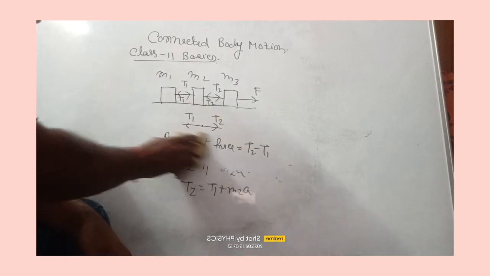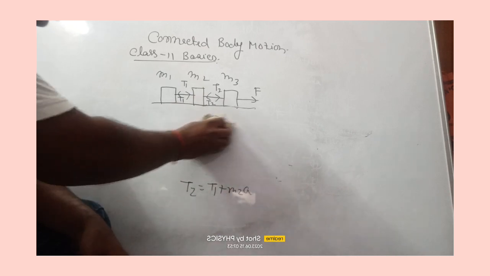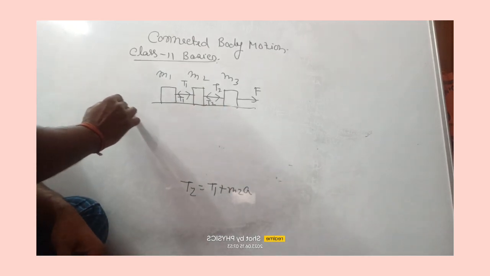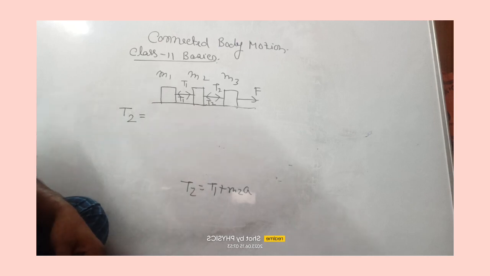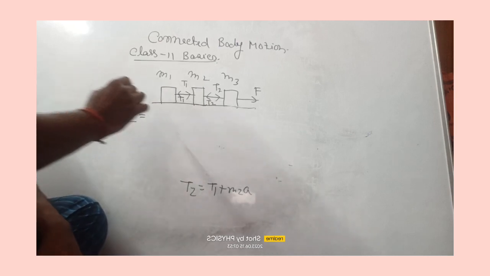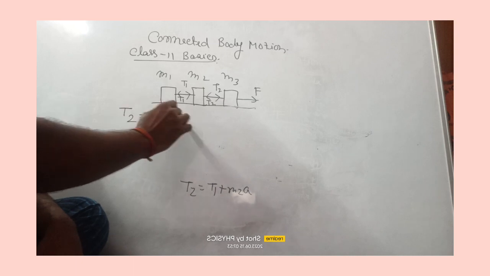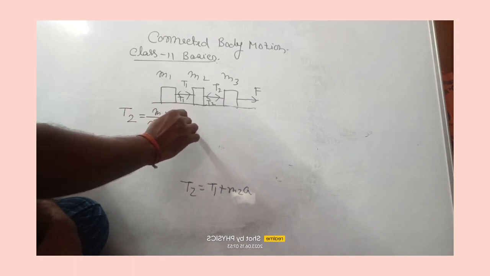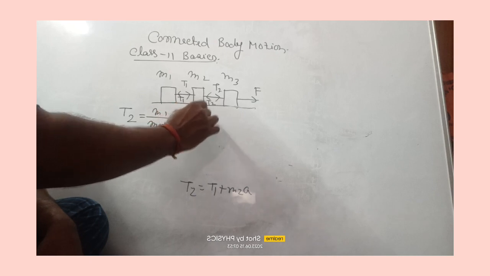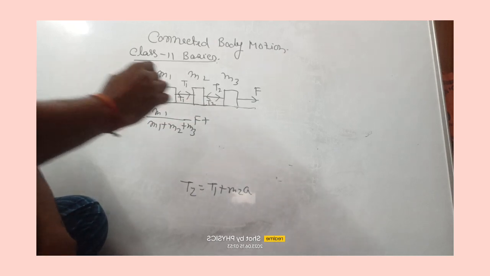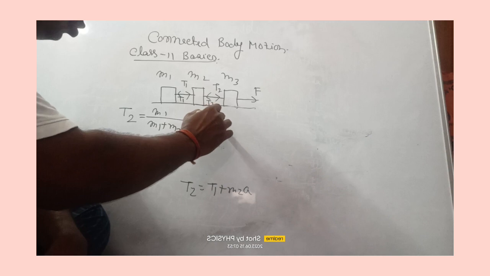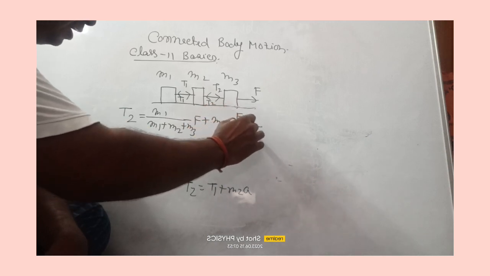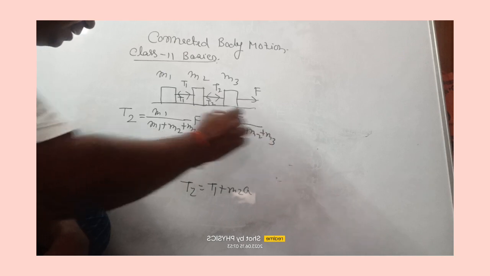Let's move on. T2 is equal to T1, that is m1 by m1 plus m2 plus m3 into F, plus m2a. m2a means m2 into F by m1 plus m2 plus m3.